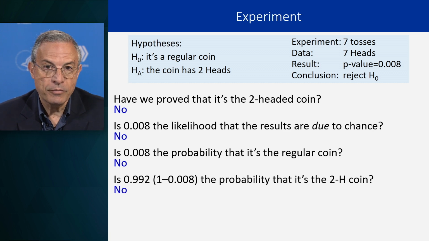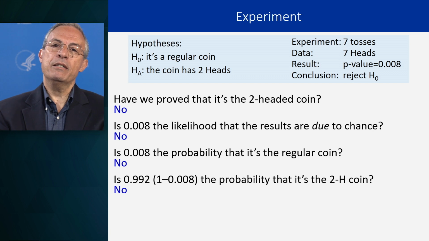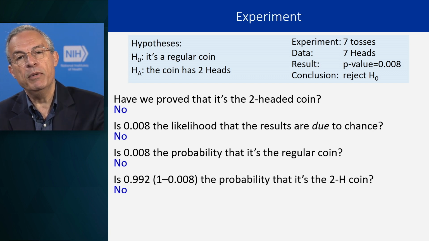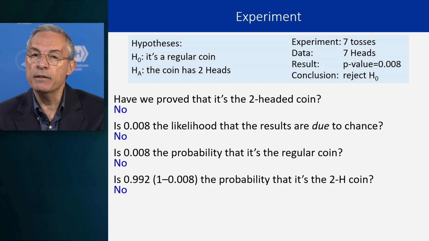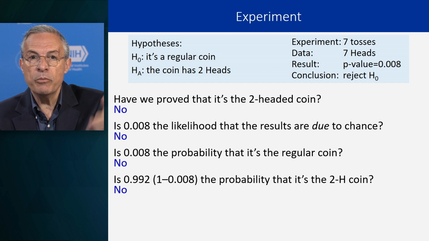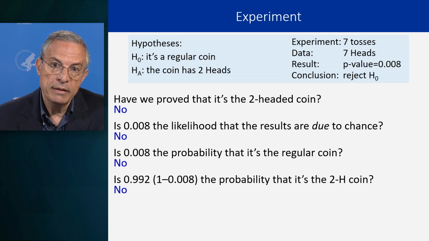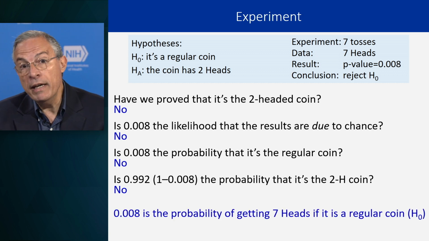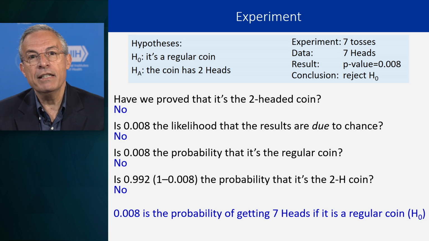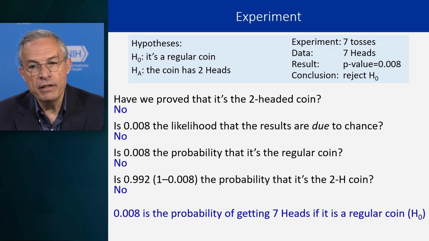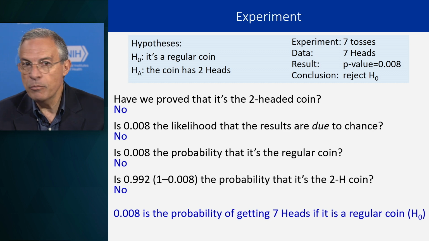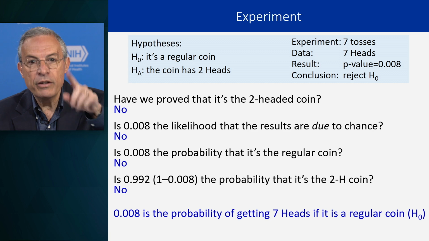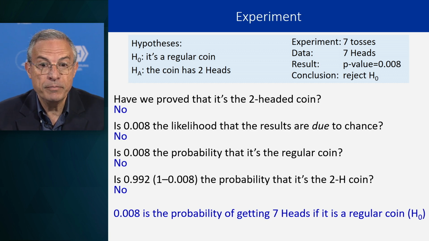No. The reason I'm putting these is because these are all misinterpretations of p-values, and they are pretty common. These interpretations are incorrect. So what is the correct one? 0.008 is the probability of getting 7 heads if it is the regular coin. Not more, not less. That's all it is. And all the other interpretations are incorrect.